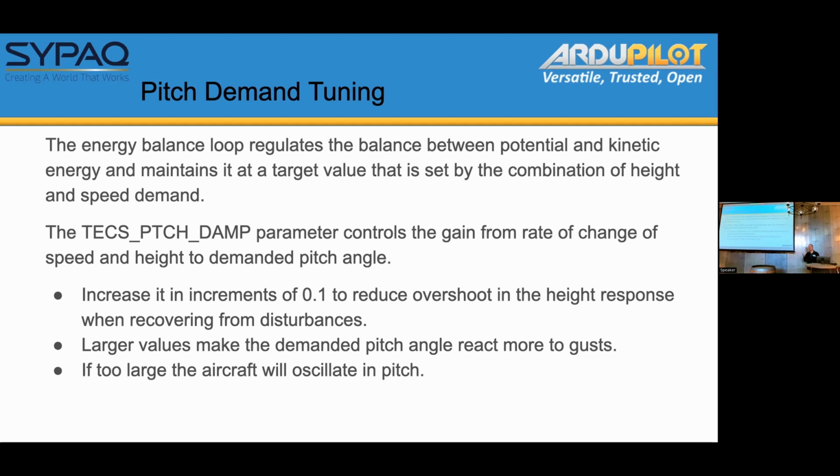And you really don't want the controller doing that. But there are some situations where you end up with some slow speed limit cycling, or slow speed oscillation on the height, where sometimes a bit of extra pitch damping is a good thing to have, but I wouldn't increase it in increments of more than 0.1 at a time.